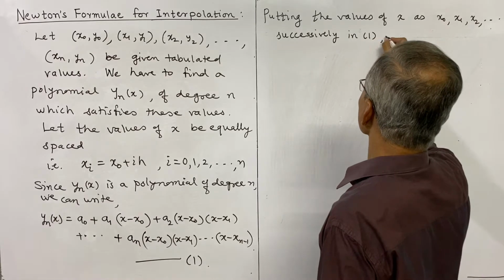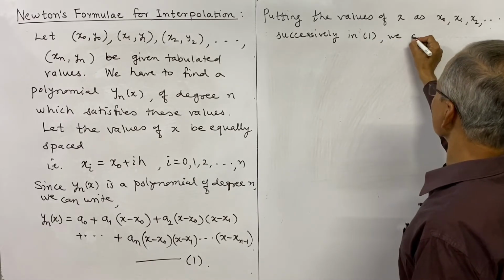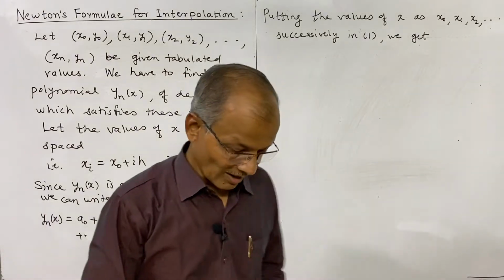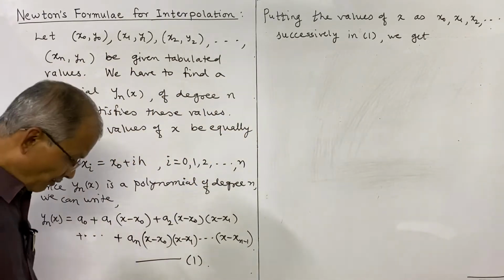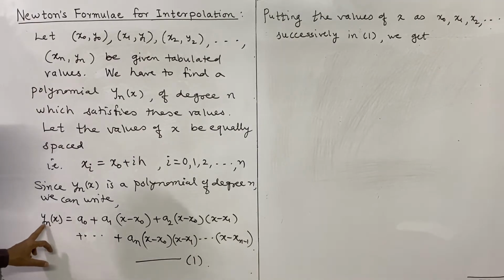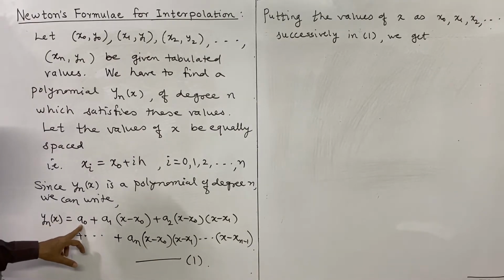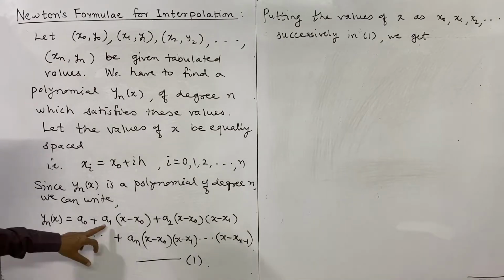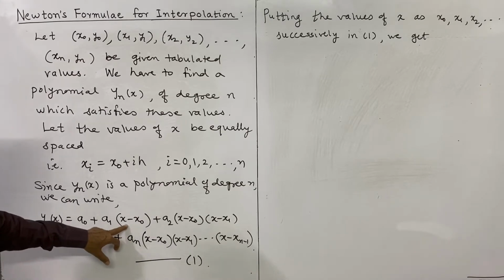In 1, if you put x is equal to x naught, what will happen? You see, y at x naught will be y naught, and on the right side, a1 into (x minus x naught) vanishes since x is x naught.